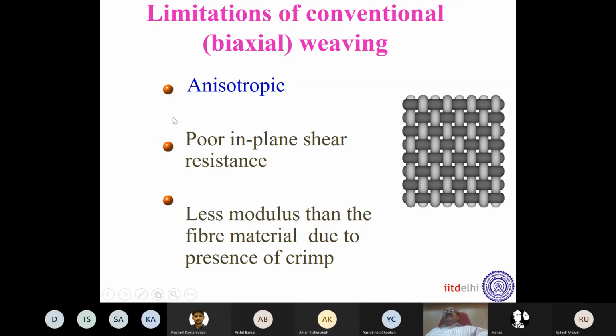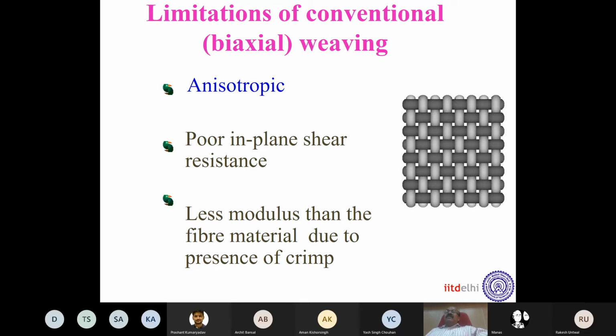The important limitation of biaxial fabric is that the fabric is anisotropic. As you can see here, all the properties of this fabric you can get either in warp direction or in weft direction. Any property, if you want to measure in the bias direction, look at my cursor, meaning an angle other than warp and weft, will be poor, which we call anisotropic. It's not isotropic.